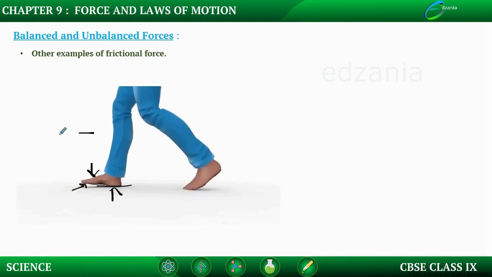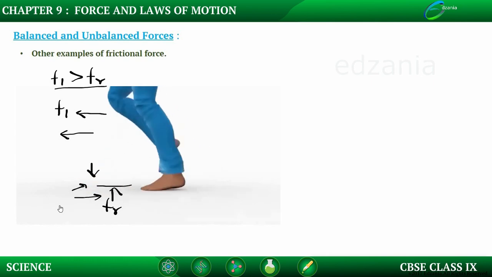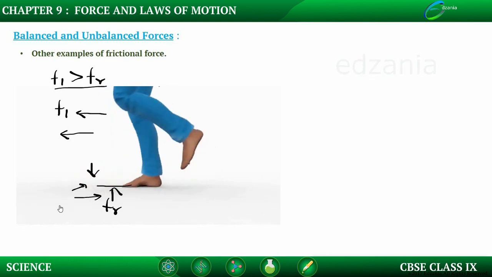If this person is moving ahead, that is towards left, then the friction force will act in the opposite direction of motion, that is towards right. In order to move, this person has to apply a force, say F1, which is greater than Fr, which is friction force. Hence, we are able to move when we apply a force which is greater than frictional force. Let us see. See, he is able to move because he is applying a force which is greater than frictional force.